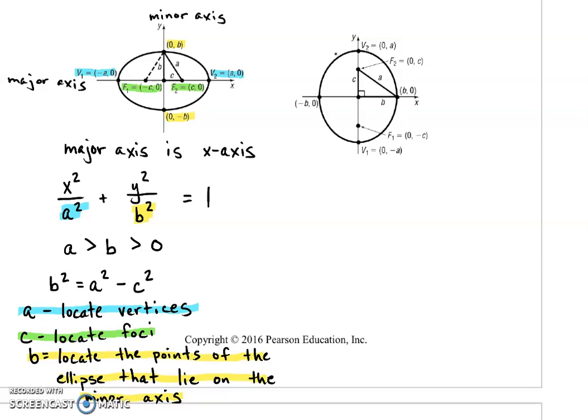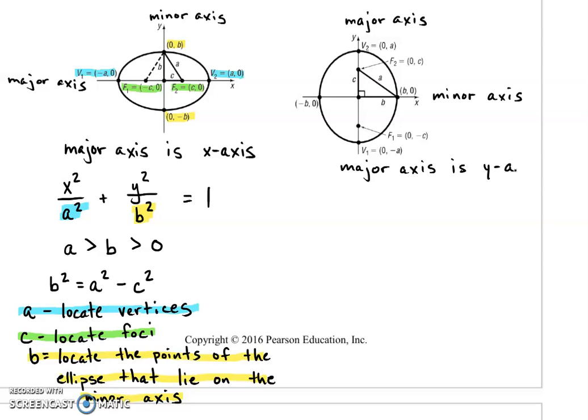Okay, the other type of ellipse we have is where the major axis is the y-axis and the minor axis is the x-axis. Just to reiterate, the major axis is the y-axis on this one.